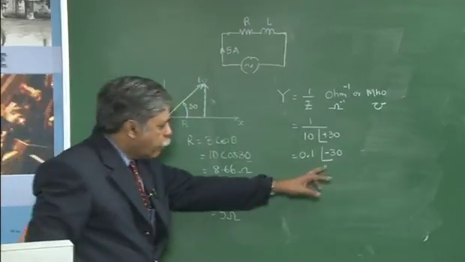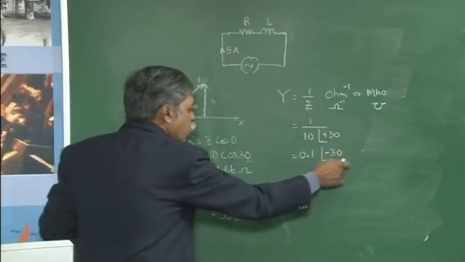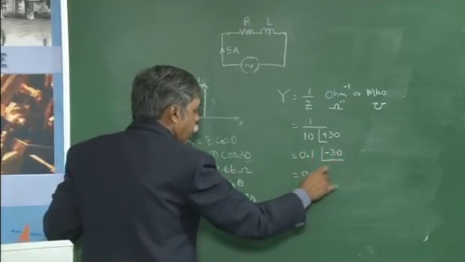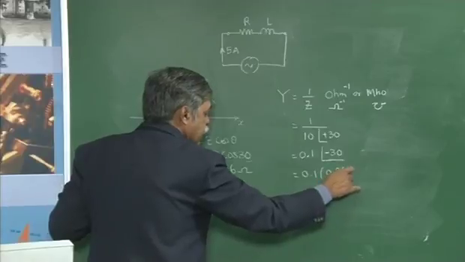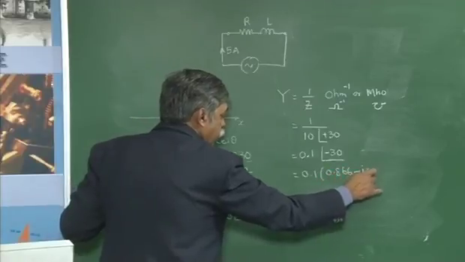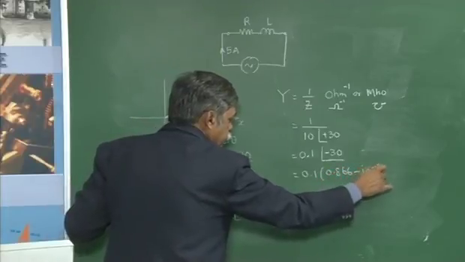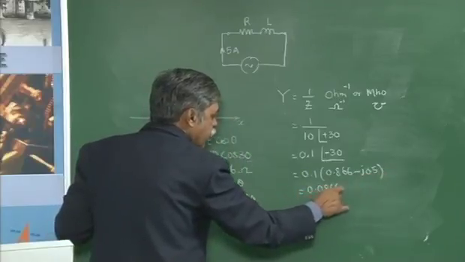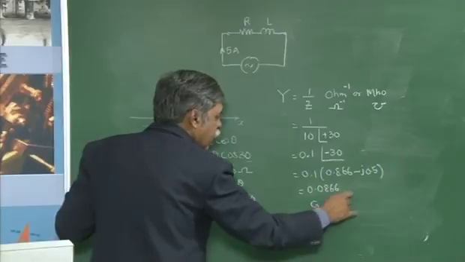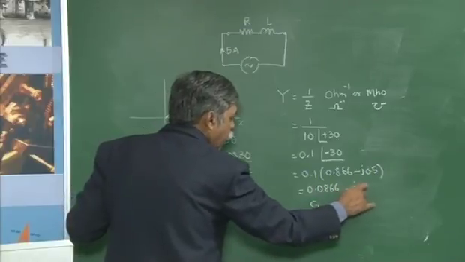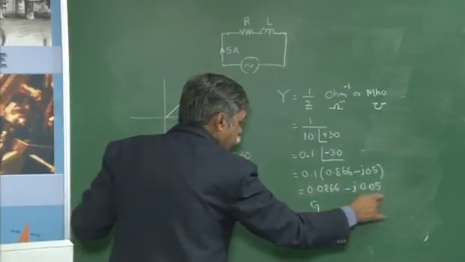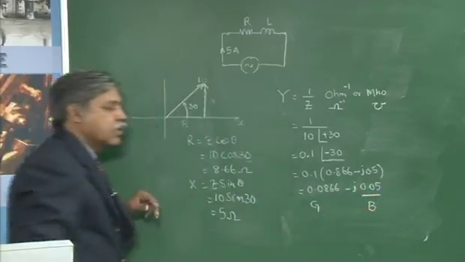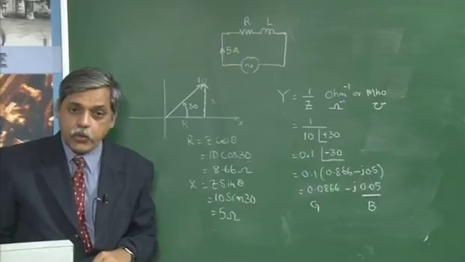Now again converting this into rectangular form, I will be getting 0.1 multiplied by 0.866 minus j 0.5. So this will be 0.0866 is the conductance minus j 0.05, okay. Now this 0.05 what you have, that is the susceptance of the circuit.